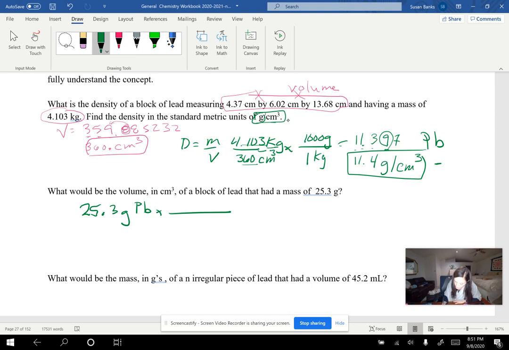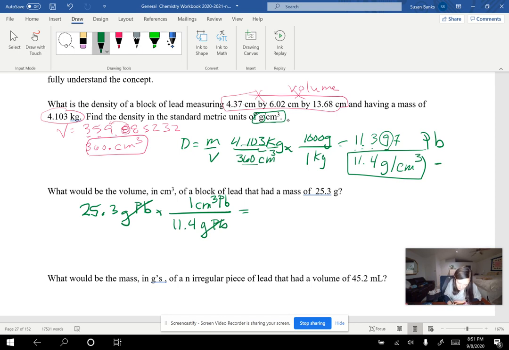I can use the grams in this right here to cancel out the grams over here. So I'm going to put the grams in what we figured out here on the bottom. So 11.4 grams of lead will give me 1 centimeter cubed of lead. Okay, so my grams of lead will cancel out, and I'm left with centimeters cubed. That's the unit that I wanted.